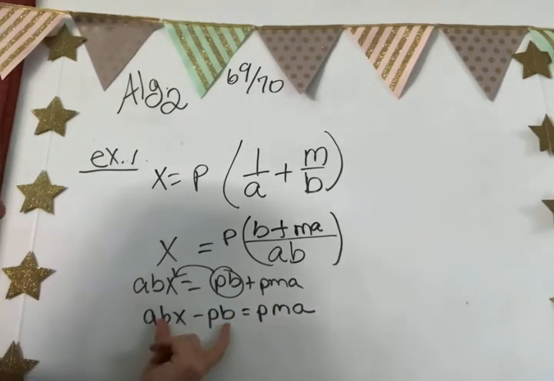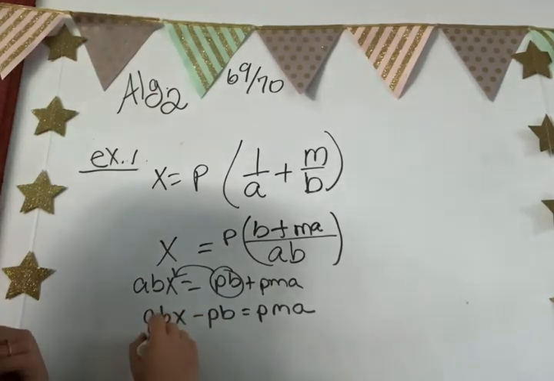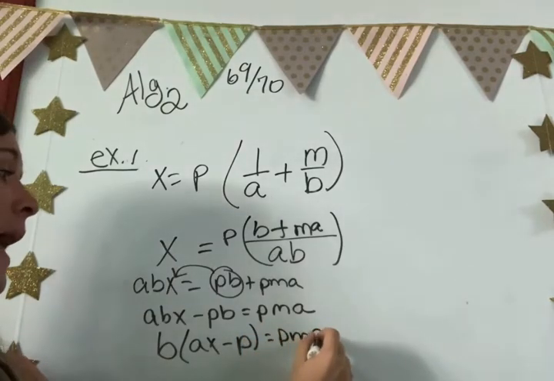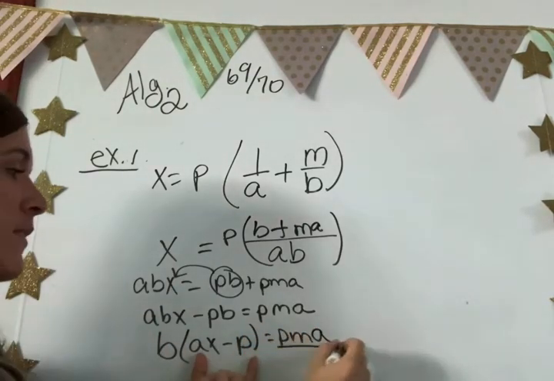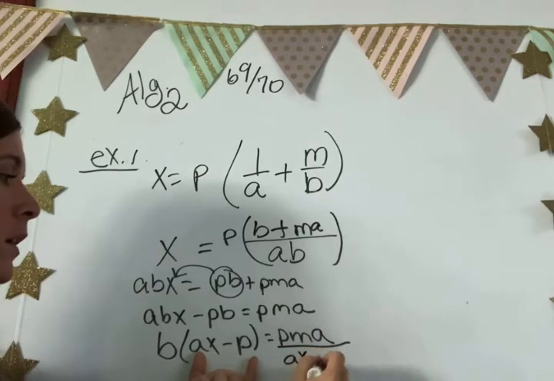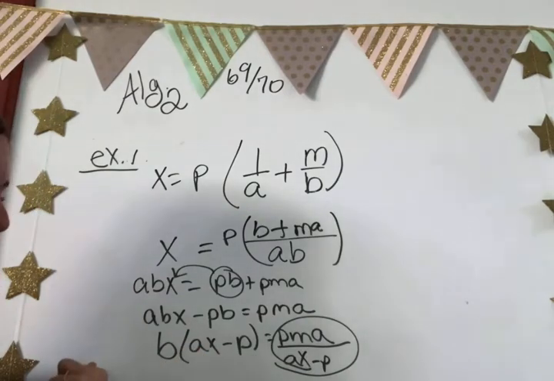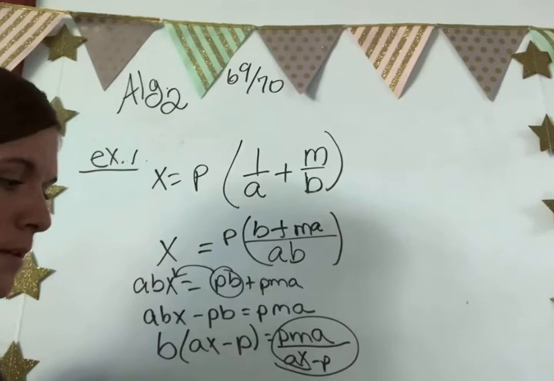Now I'm going to take out my B's. These both have a B in common, so I'm going to say B times AX minus P equals PMA. And now I can take this and divide it over here, and that should be my answer. And it is, okay? So that's all you do for example 1.